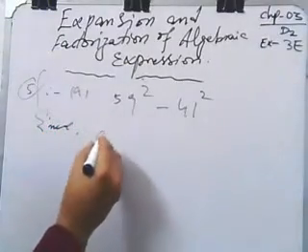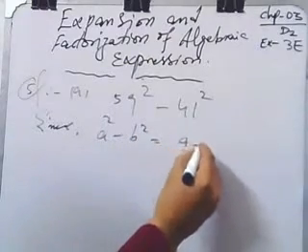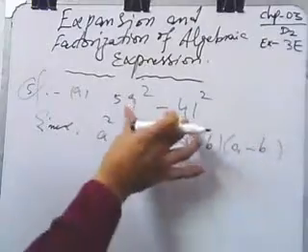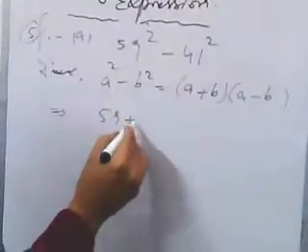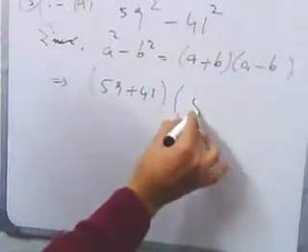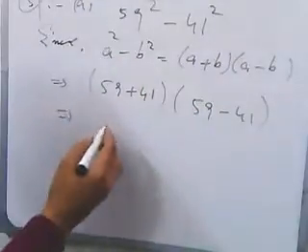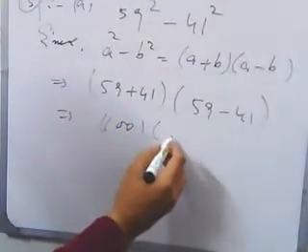You have to write down the formula and show that you have complete knowledge about the formula, then you apply this formula. It means one time positive, 59 plus 41, and one time negative. So by simplifying, you will get 100 and 18.